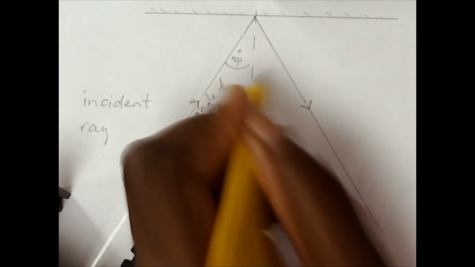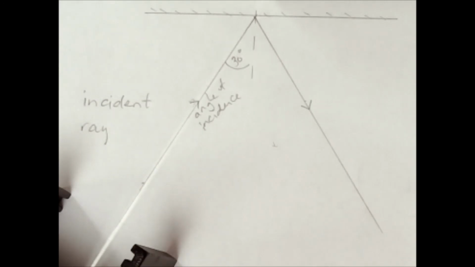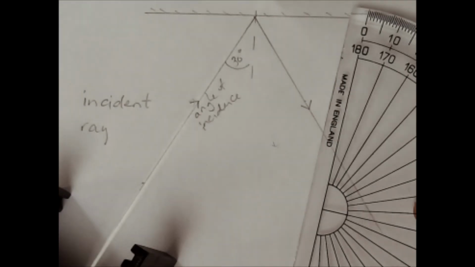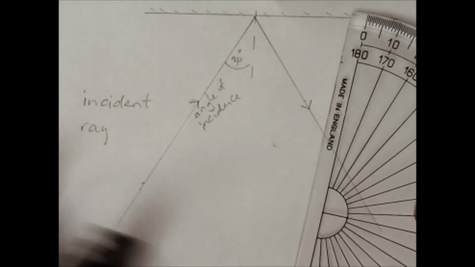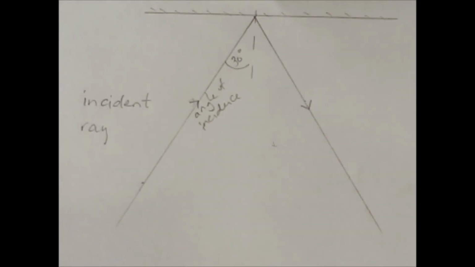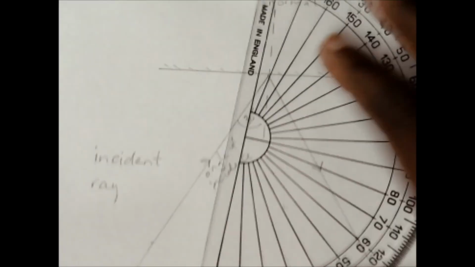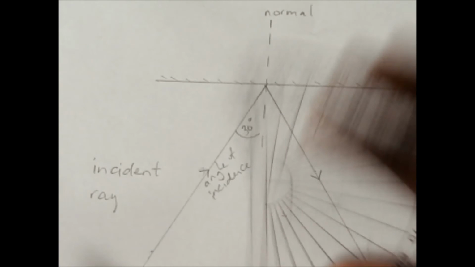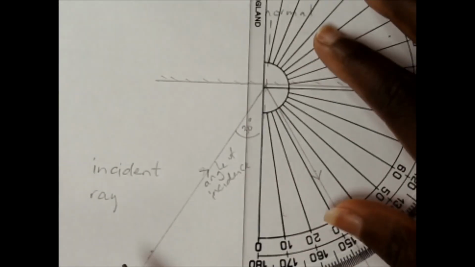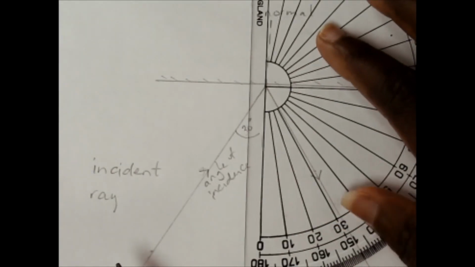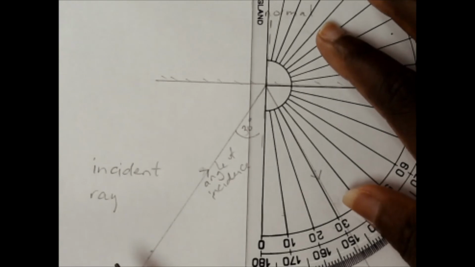And now we're going to measure, using our protractor, our angle of reflection. Now remember, your normal must be 0. Perfect.